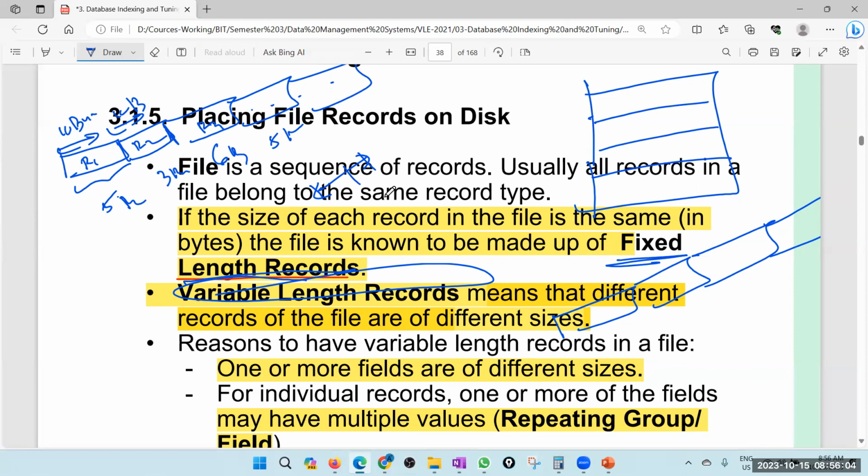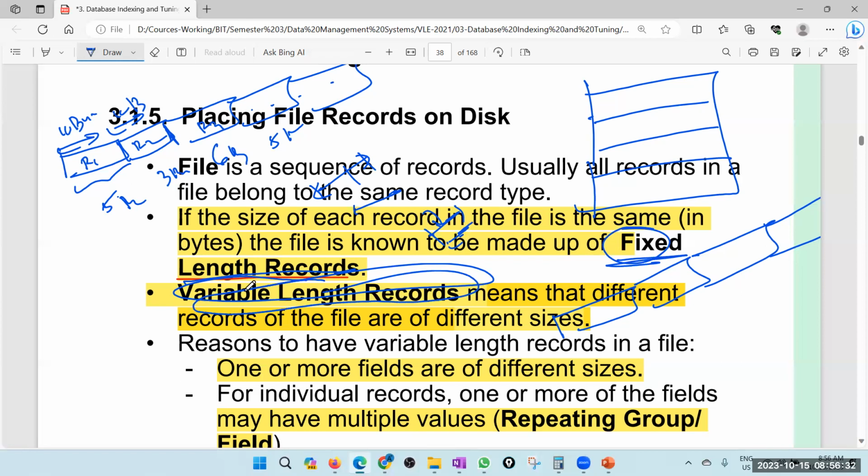So then you don't need 6 byte, just 5 byte is enough. But in fixed length records, even though the phone number is not given, or is null, we allocate that length. So therefore we always get the same length for each and every record.